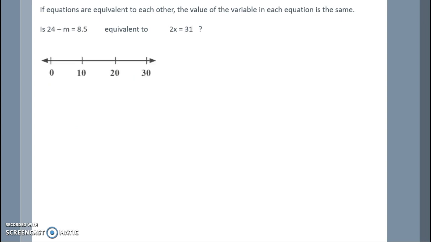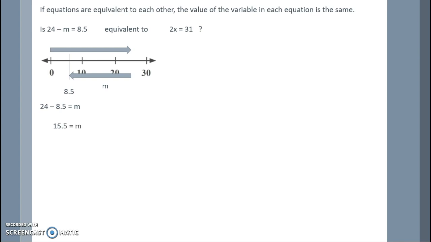Let's see if 24 minus m equals 8 5/10 is equivalent to 2x equals 31. Again, I have a number line here. We'll start at 24. I'm subtracting an amount we're not quite sure of to get to 8.5. Well, I know then that 24 minus 8.5 will give us that extra distance.